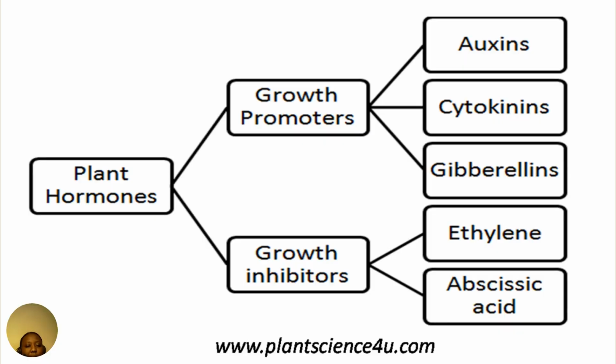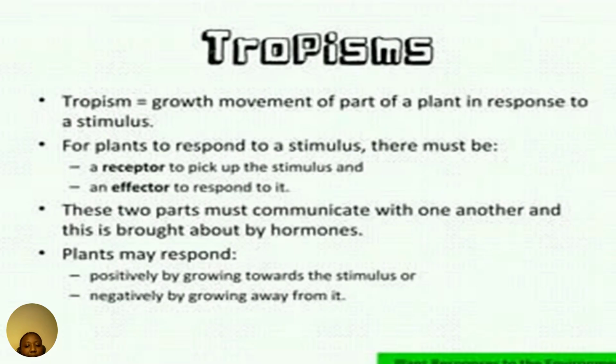So here's a summary. Plant hormones that are responsible for growth are your auxins and your gibberellins, and the plant hormone that inhibits growth is your abscisic acid. Then we move on to the tropisms. A tropism is a response by part of a plant to an external stimulus.